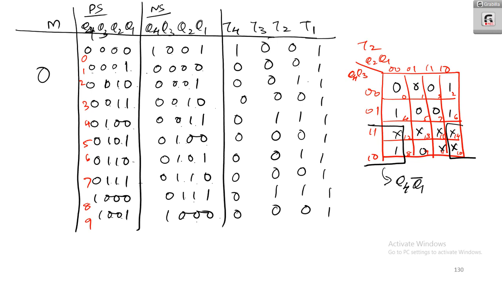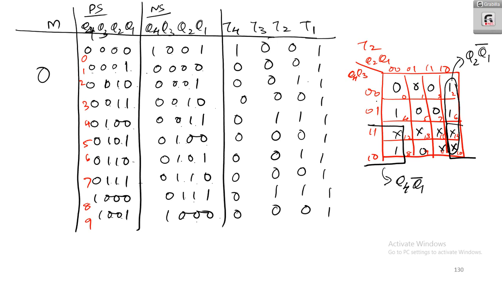Again you can have like this also. What is it? You will get Q2 Q1 bar. Then you can club these 2, right?